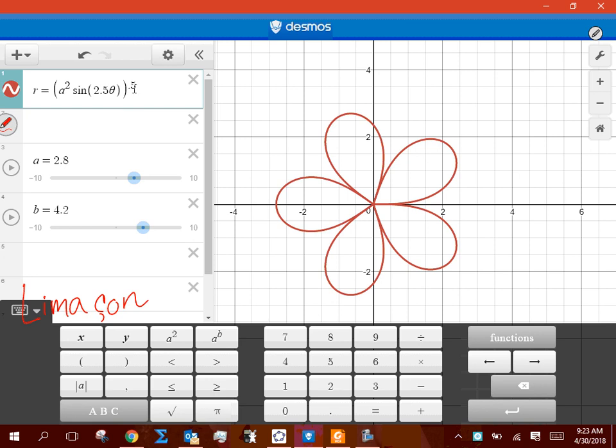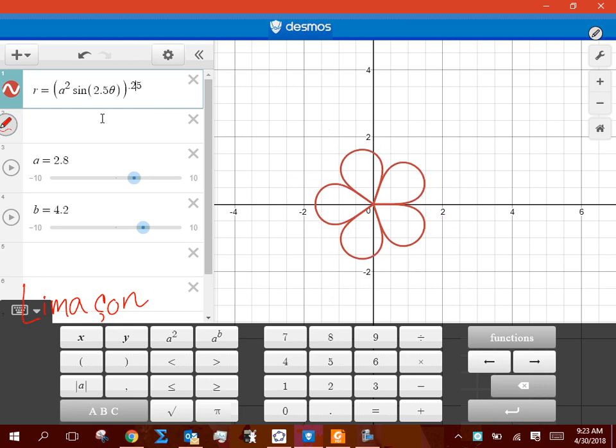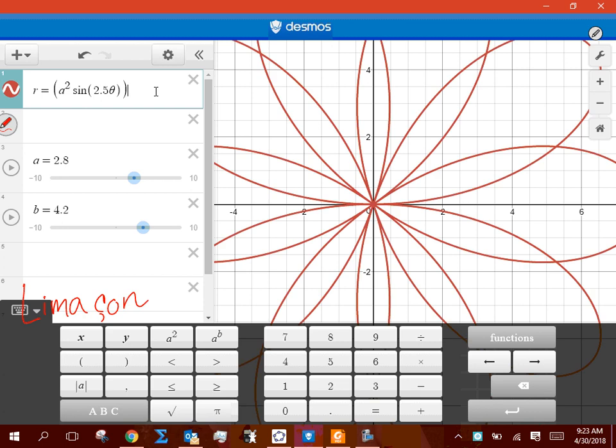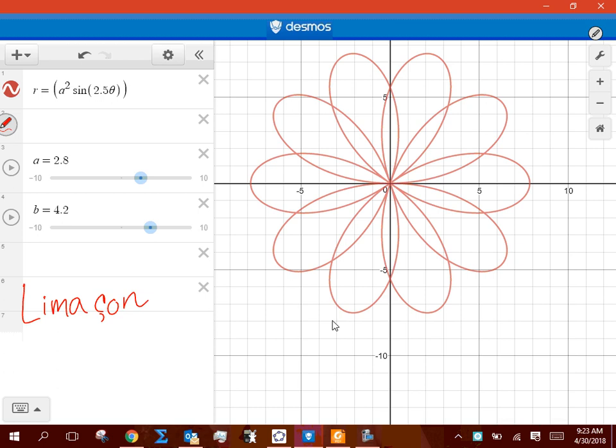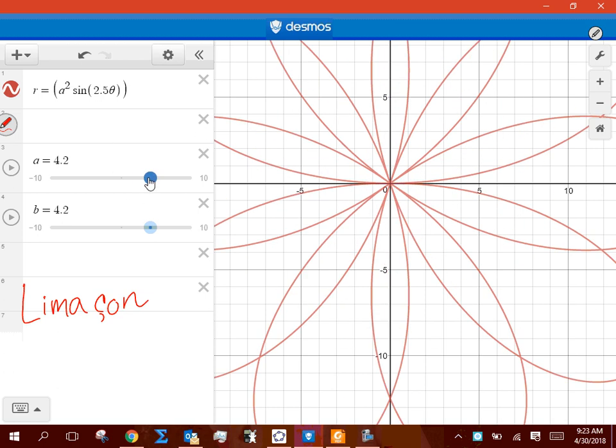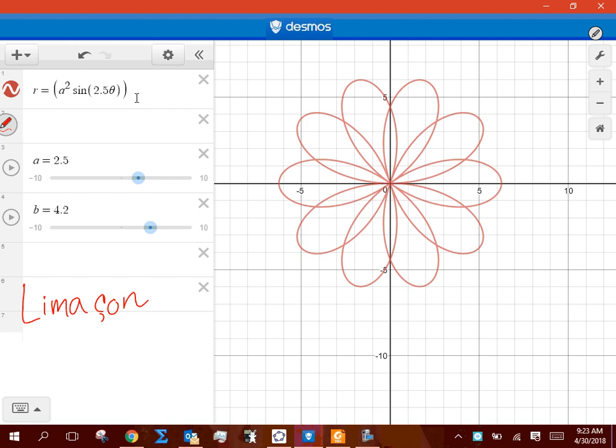Instead, I'm taking a square root here. What if I take the 4th root? What happens there? What if I don't take a root? There we go. So I get something that looks like that. So all families of curves, and we're going to start to see that as we change things, we get different results. Maybe I multiply this.